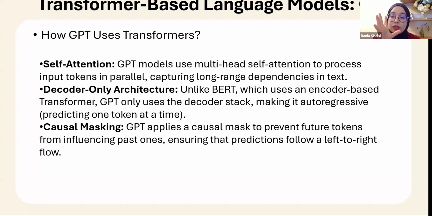BERT does the opposite. They only use the other half, which means they use only the encoder architecture. So the two architectures that we will cover today are GPT, which is based on the decoder-only transformer, and BERT, which is based on the encoder-only transformer.